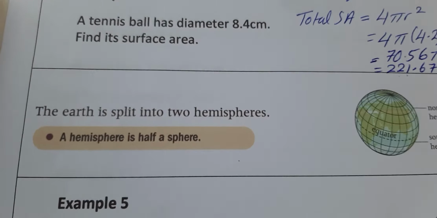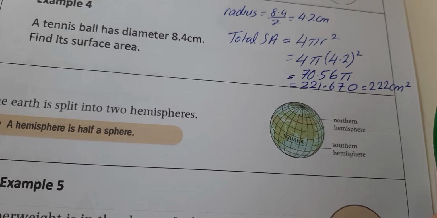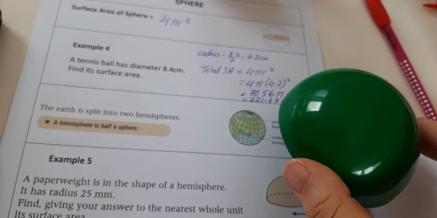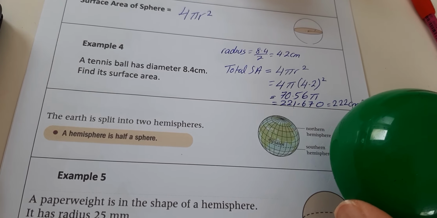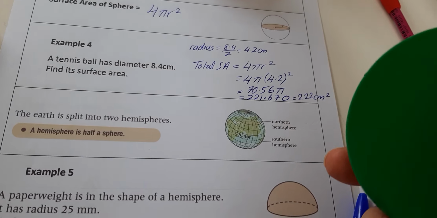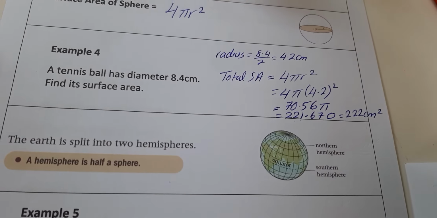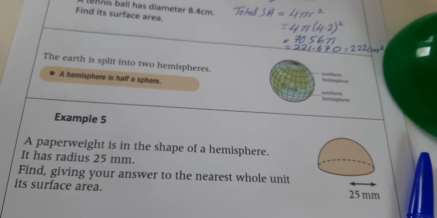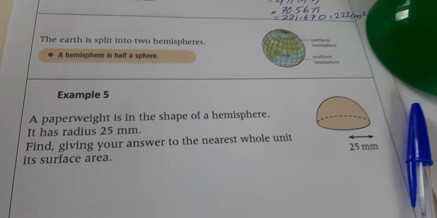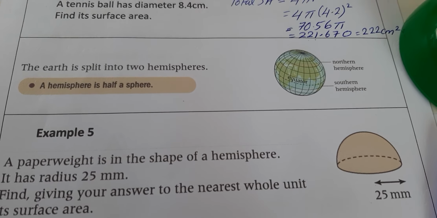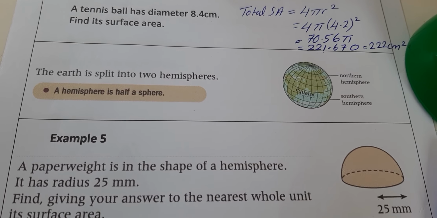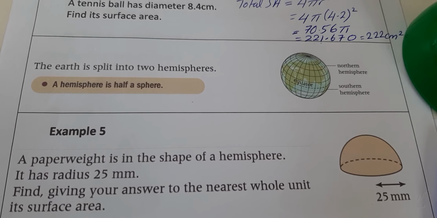We've already spoken about the hemisphere. A hemisphere is half of a sphere, so we've cut the sphere in half. So half the tennis ball, we would say, is a hemisphere. Okay, we've already spoken about it when we did volume. Now we're talking about the surface area. The difference between volume and surface area is that with volume, we just literally measure half of the volume would be the volume of a hemisphere.